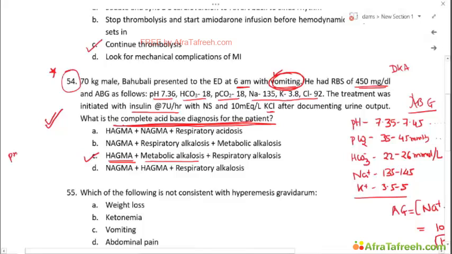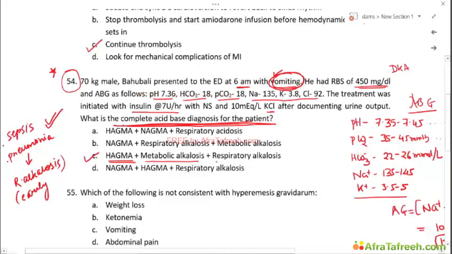If there is pneumonia, this causes respiratory alkalosis as an early feature. Or if the patient has sepsis, this can also have respiratory alkalosis. So this is how we can have a triple acid base abnormality or a complex acid base picture in a patient as common as a DKA.